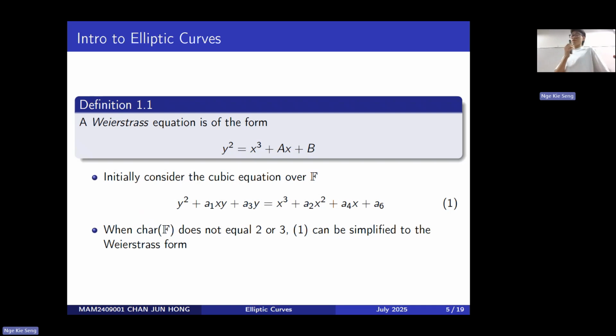This long equation is also known as the general Weierstrass equation. To get from this long equation to the simplified version on top, we consider that the characteristic of the field F does not equal 2 or 3. Then we can play around with some algebra and substitute x and y so that we get the simplified version in the definition above.